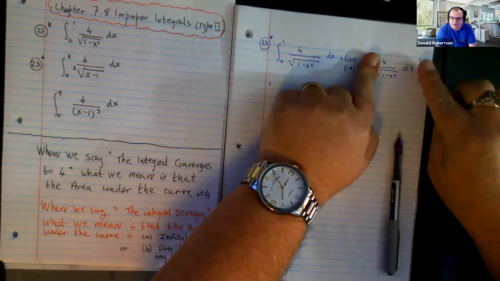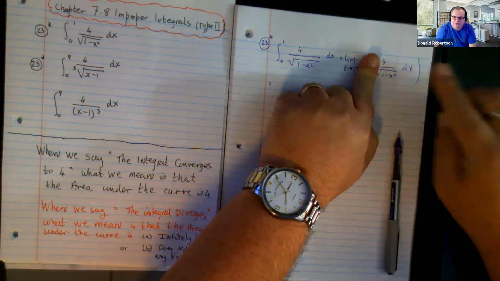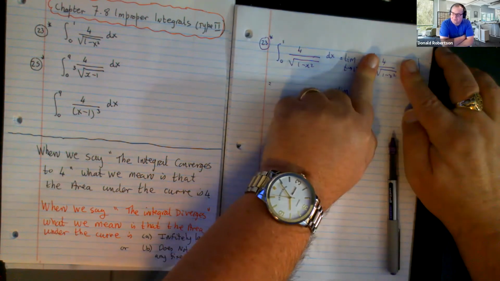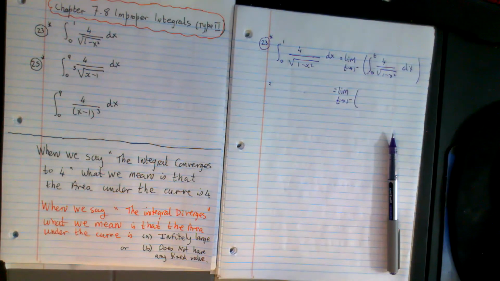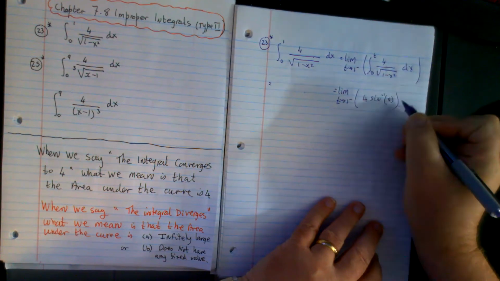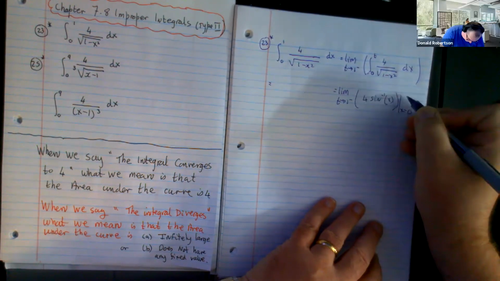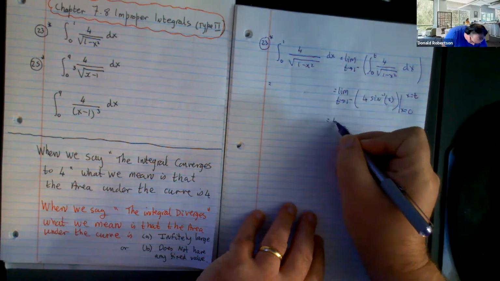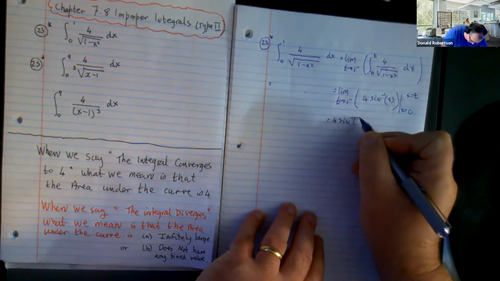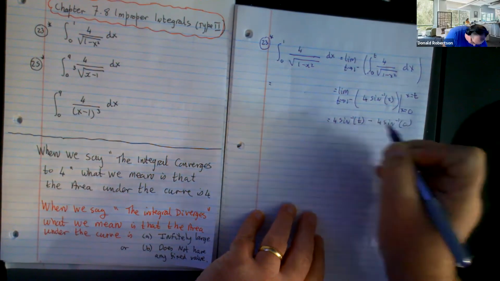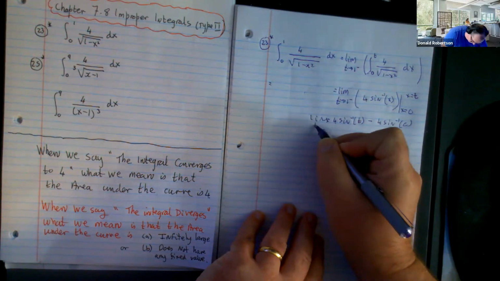Do you recognize the antiderivative of 4 over the square root of 1 minus x squared? Sine to the -1. Okay, correct. And that's going to be evaluated at 0 and at t. So that becomes 4 inverse sine of t, take away 4 inverse sine of 0, and I almost forgot, it's still the limit as t tends to 1.